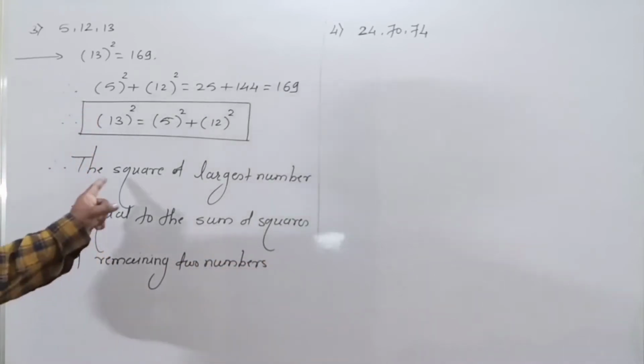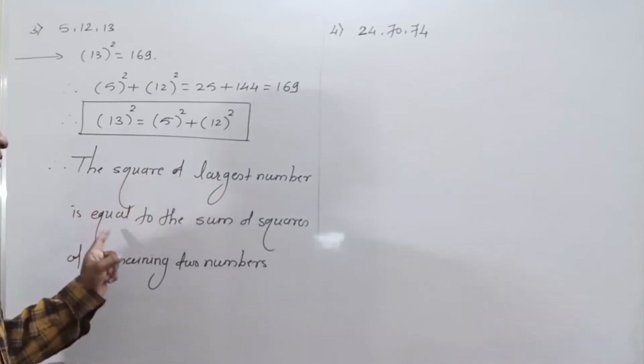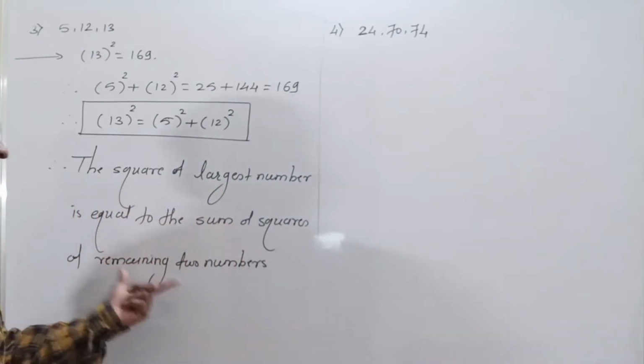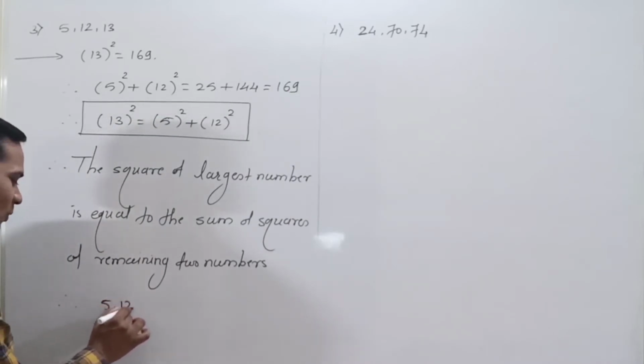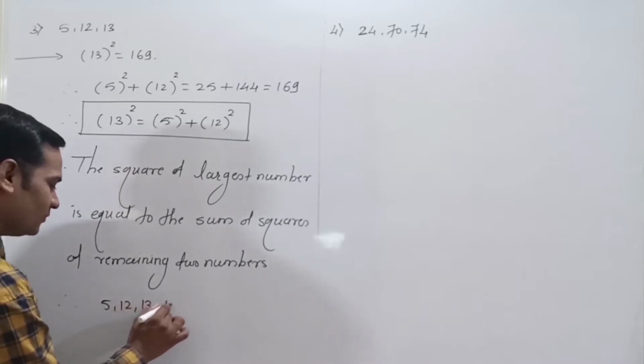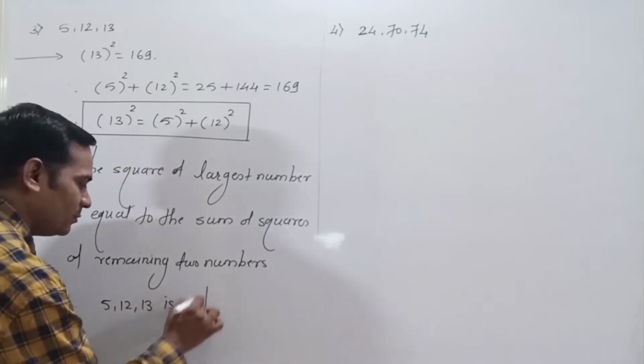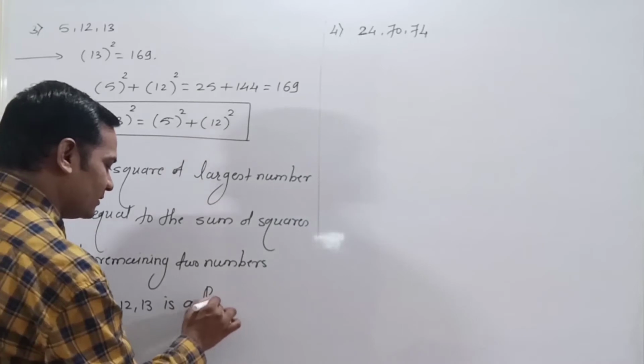Okay, the square of the largest number is equal to the sum of the squares of the remaining two numbers. Therefore, we can say this 5, 12 and 13 is a Pythagorean triplet.